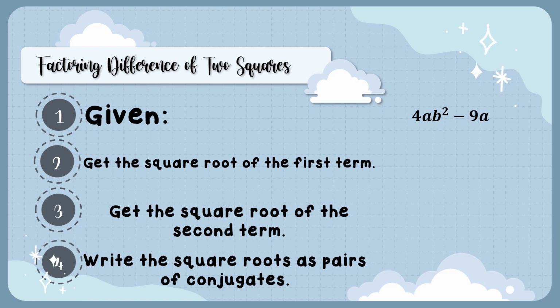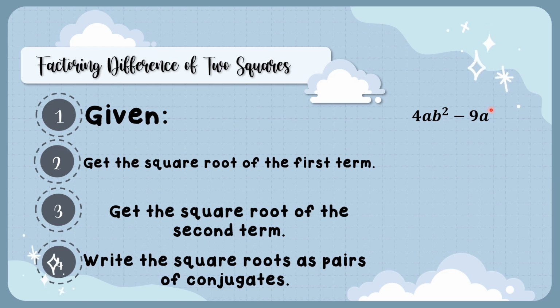Condition number 2 states that the numerical coefficients of the expression must be perfect squares. And since 4 and 9 are both perfect squares, then condition number 2 is met. Now let's proceed to condition number 3.